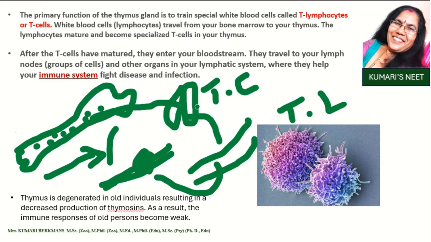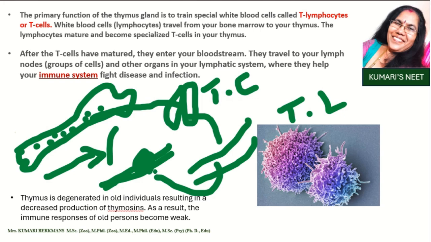They come to the thymus, there they mature, and then they come into the bloodstream, and from the bloodstream they enter the lymph nodes as well as the other organs present in the lymphatic system, and then they fight against the antigens or any other pathogens which enter into your body.